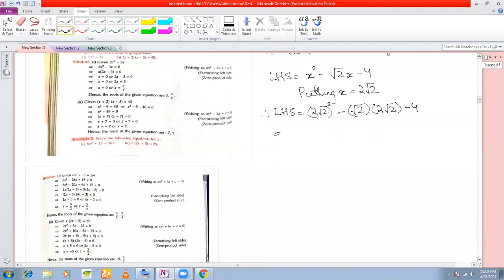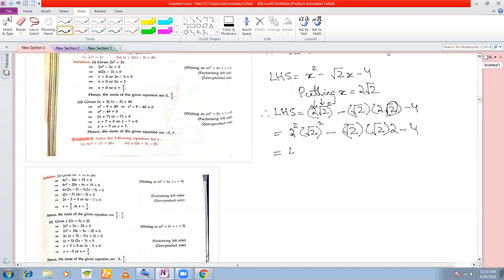Now if you see 2 root 2 square, this becomes 2 square into root 2 square, because you square 2 and you square root 2 also. Minus you have a root 2 here, and this root 2 also you have, and you have a 2, minus 4.